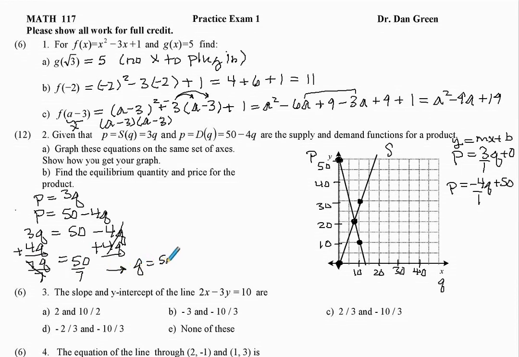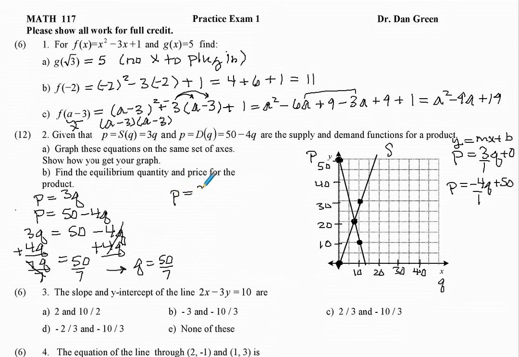And you can write that as a decimal too if you want. I'm going to leave it as a fraction for the time being though. And now to get our price, so there's our equilibrium quantity, our equilibrium price, plug it back into either original equation. The easier one to plug into is the first one.